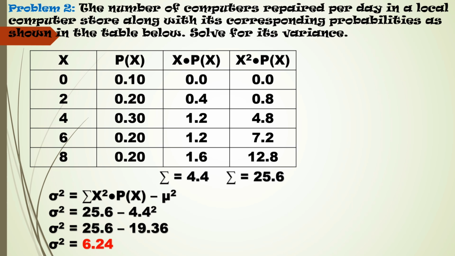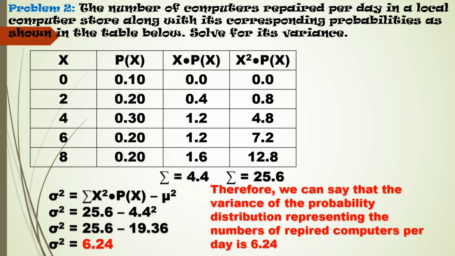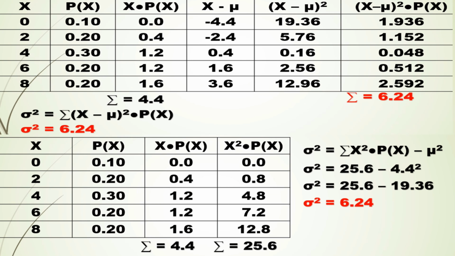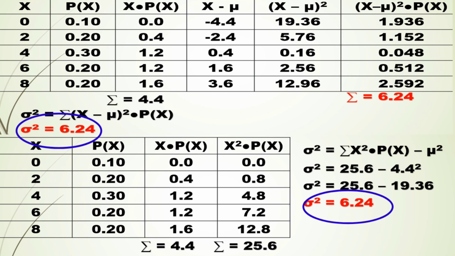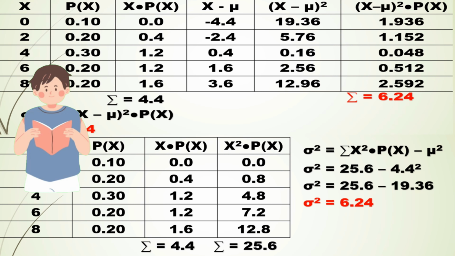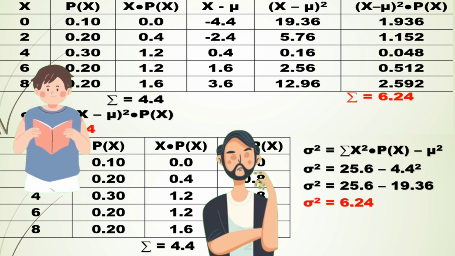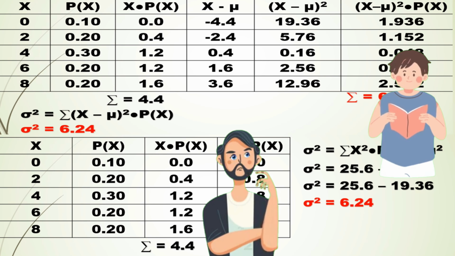Once again, we can now say that the variance of the probability distribution representing the number of repaired computers per day is 6.24. If you will notice, or if we will compare the two variance formulas, they have the same answer of 6.24.